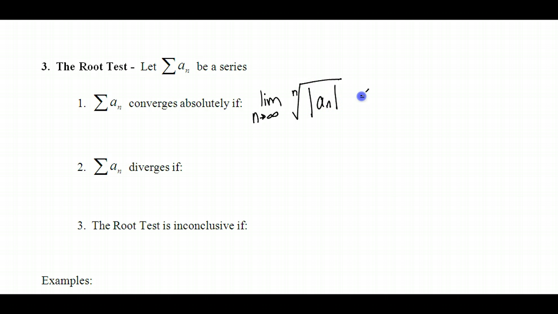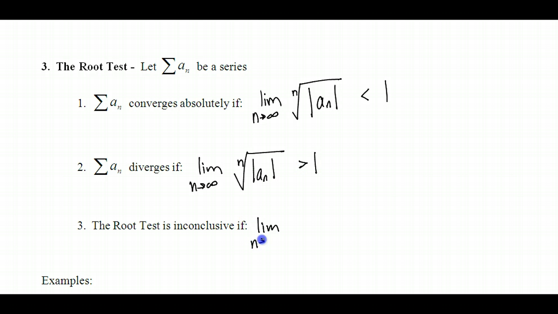It will converge again if this is less than 1. So just like your ratio test, it diverges if this limit, as n approaches infinity, of the nth root of the absolute value of a sub n is greater than 1. And the test is inconclusive.